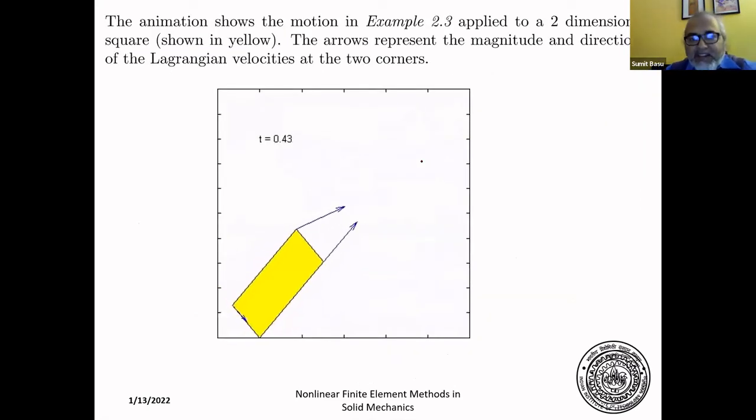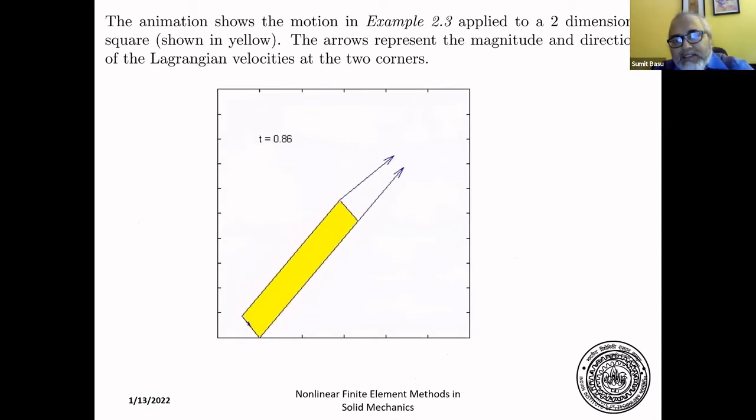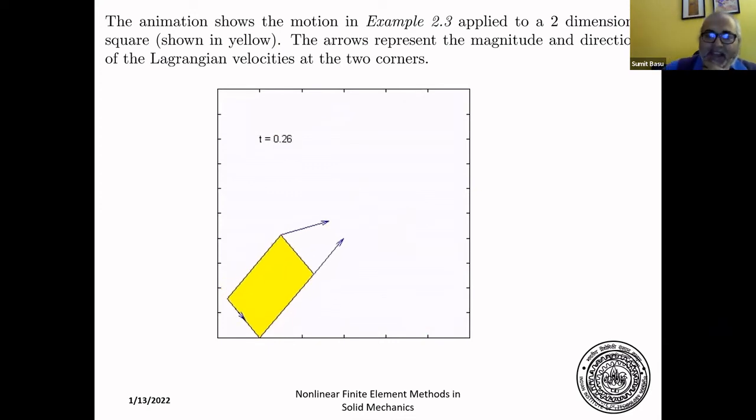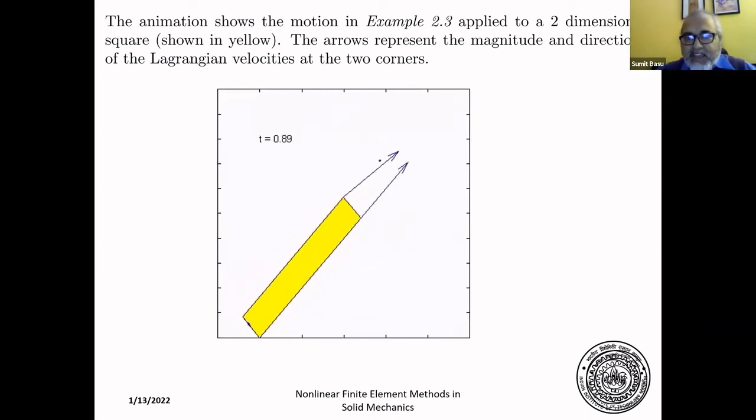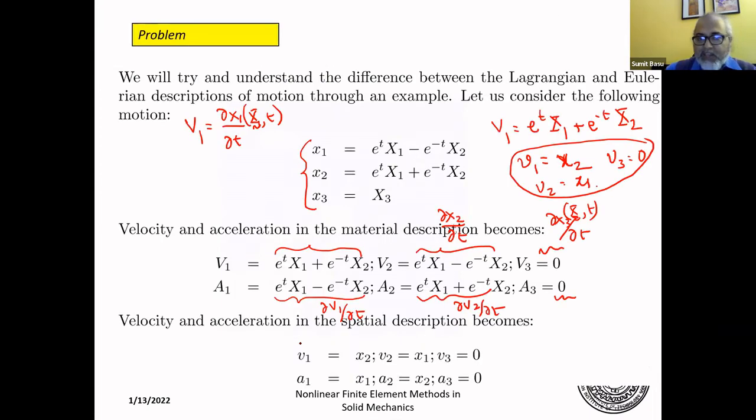The initial red that you just saw flashing for a while is the initial configuration, and the yellows are the deformed configurations. And these arrows that you see are the velocities of the corners. Obviously you see this corner has no velocity. This corner is fixed. That will be clear from here.